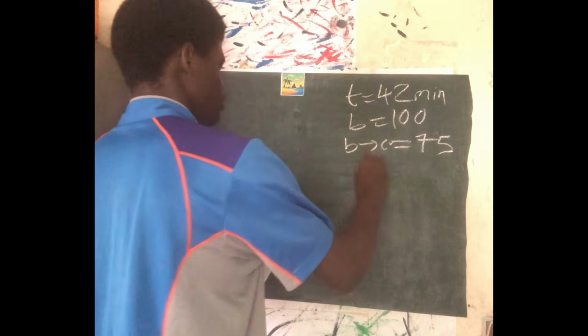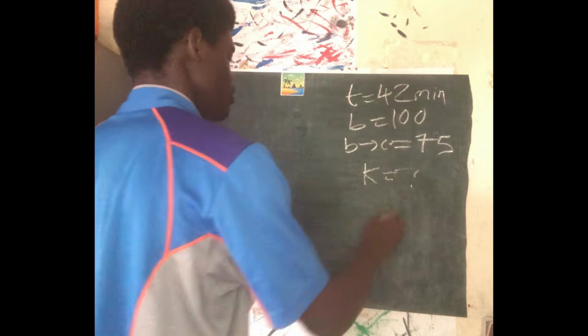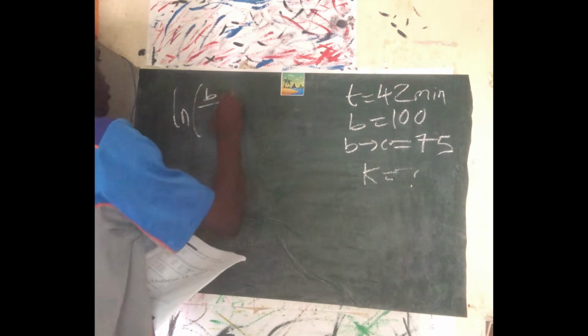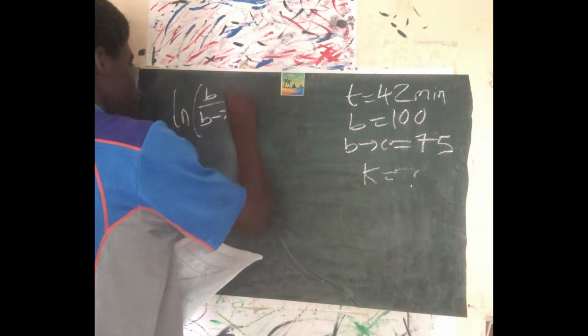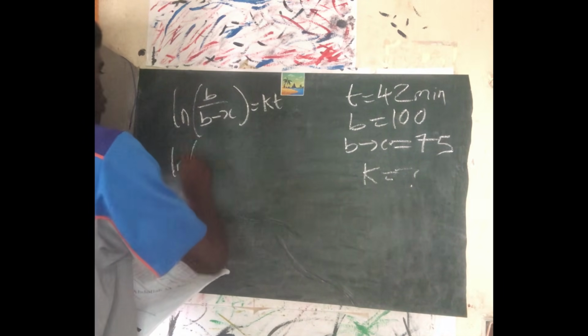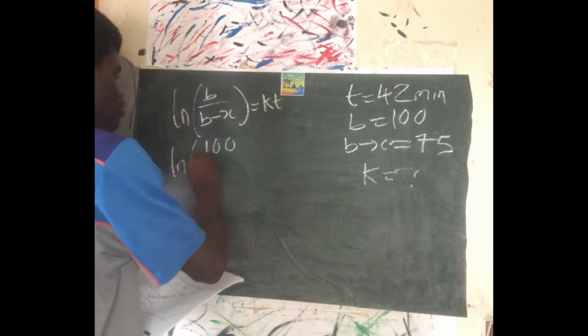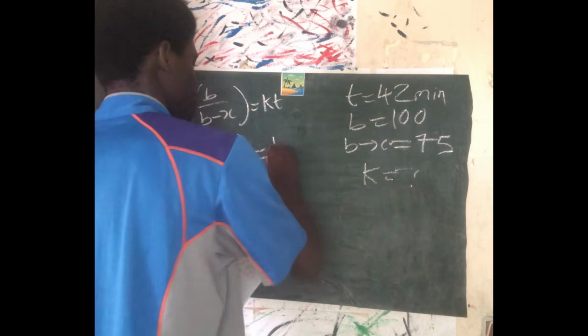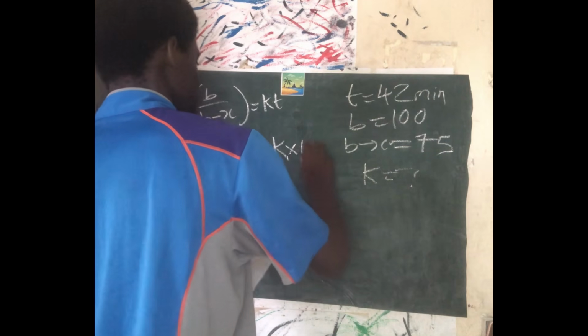Now, what is the rate constant that we are looking for? From the integrated rate law, ln b over b minus x is equal to kt. So ln of 100 over 75 is equal to k times 42.